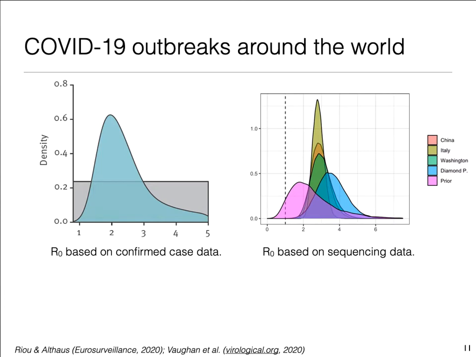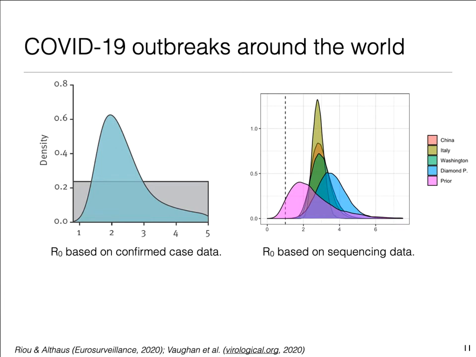And here I show you the basic reproductive number, the estimates we were releasing at the end of February 2020 for China, Italy, so the outbreak which then spilled over to the rest of Europe, Washington State in the US, as well as a cruise ship, the Diamond Princess, and in purple, the prior distribution, where you see that was quite different from the posterior, where we estimate for the countries and larger regions a reproductive number around 3, for the cruise ship a bit higher, which makes sense that people were in closer contact there.